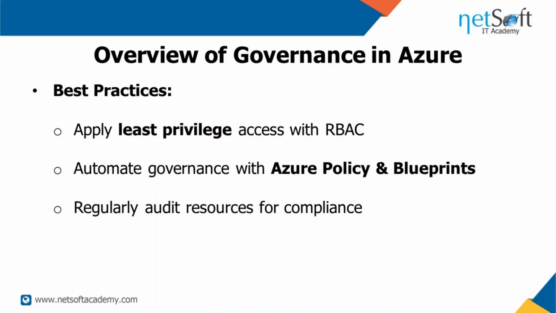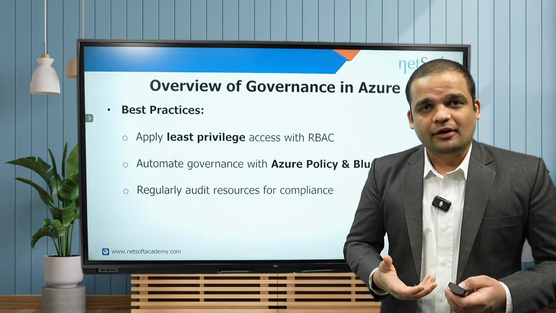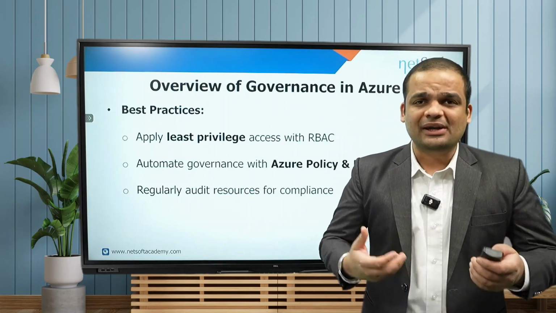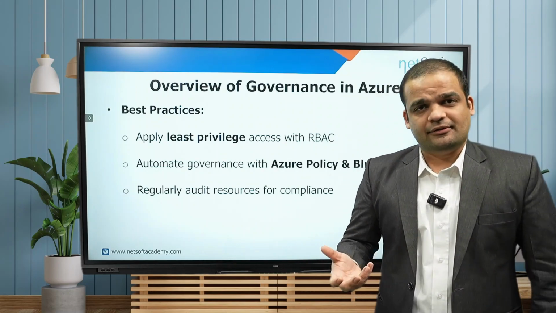Now let's talk about some of the best practices. If you can, you should apply least privilege access using services like RBAC. And why will you do that? To strengthen your security posture and minimize security vulnerabilities.